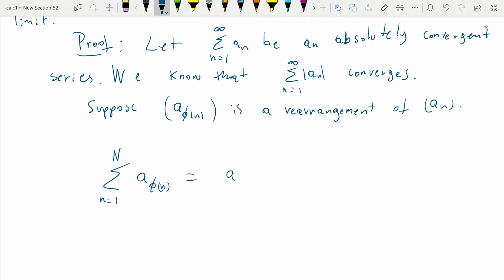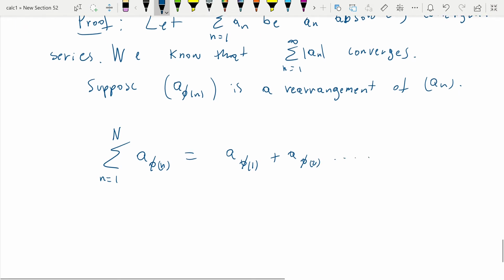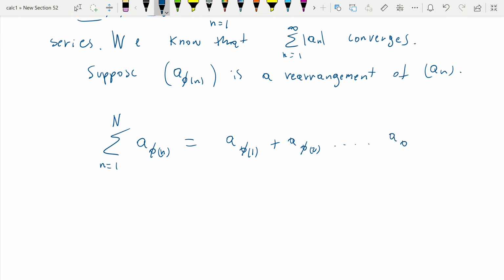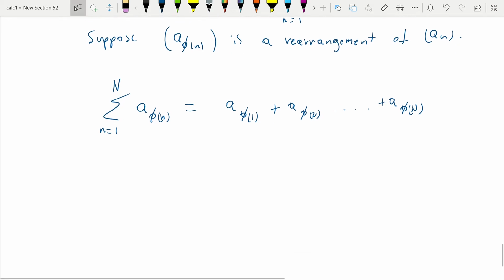It's just a sub phi of 1 plus a sub phi of 2 up to a sub phi of capital N. Okay, and this is Sn, right?